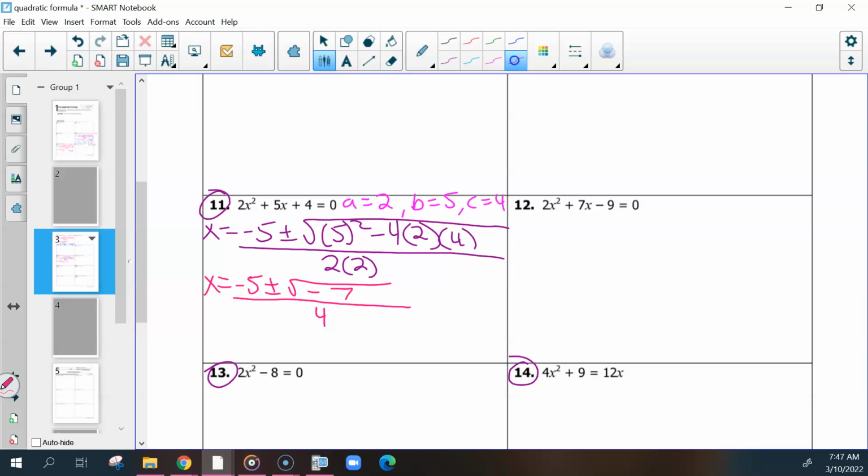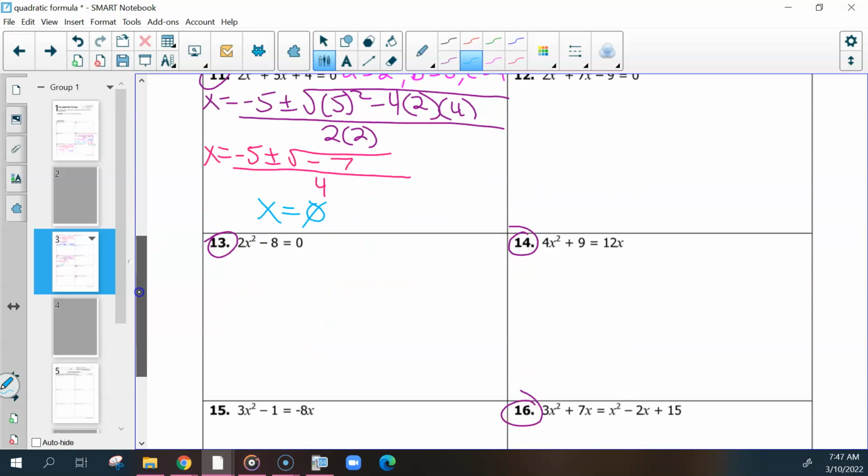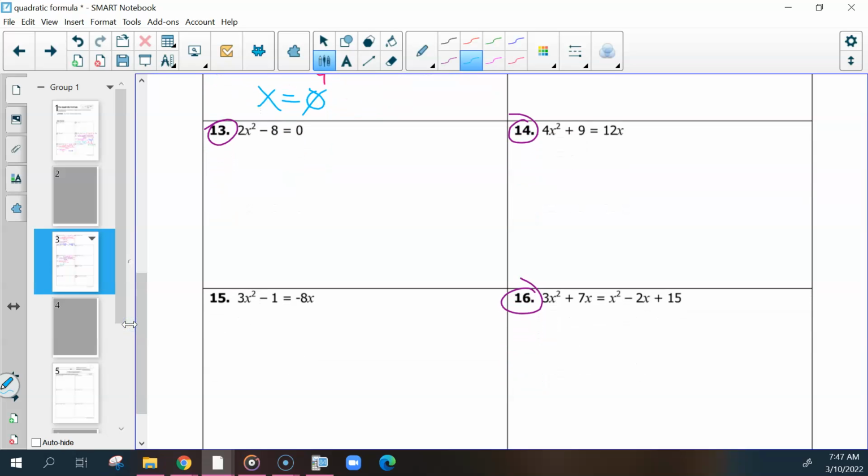So what would our next step be? So this would be no solution. We're going to do just a few more, and then you'll have time to practice.